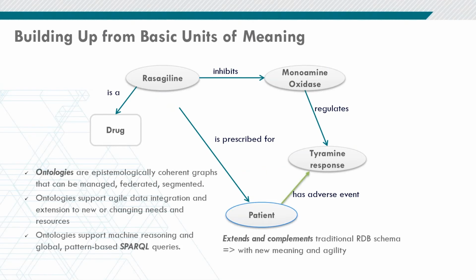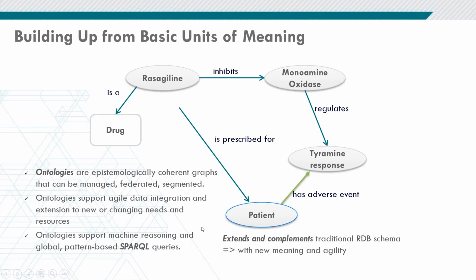So by connecting in information about monoamine oxidase and tyramine, we're able to see that a patient who's taken rasagiline has a possible tyramine response for an adverse event, and then we can check a little bit further with that patient. But this is how these linked data networks connect meaning.